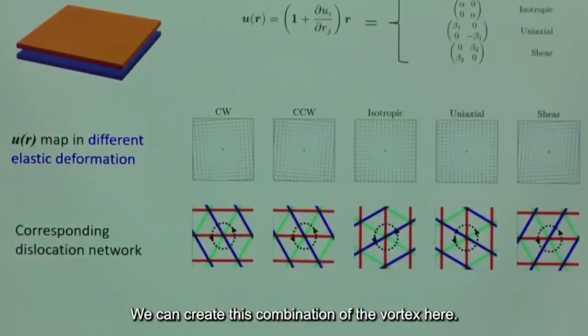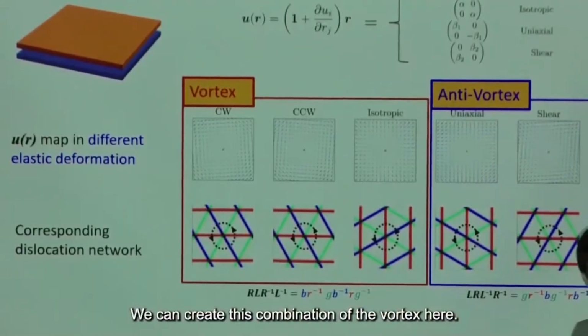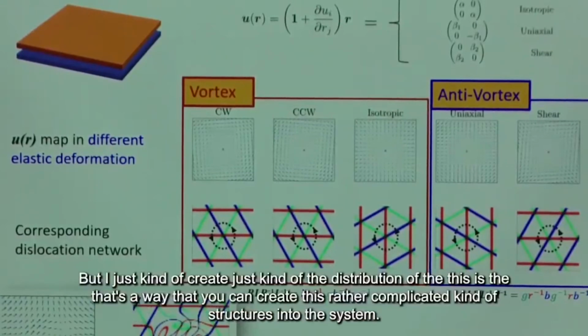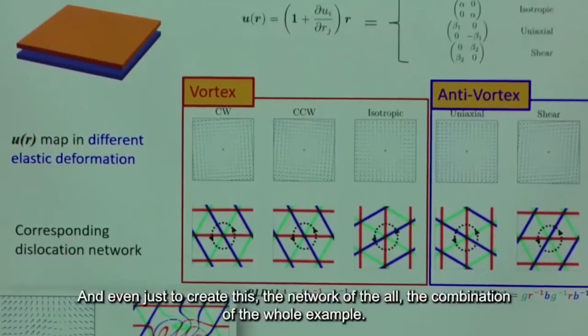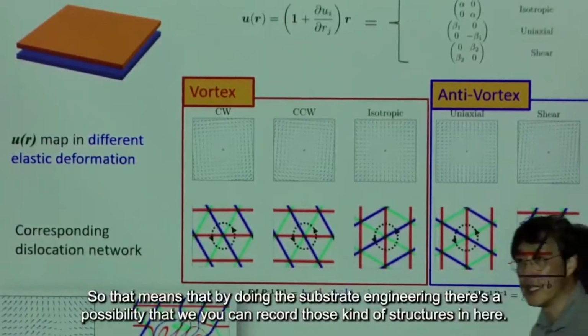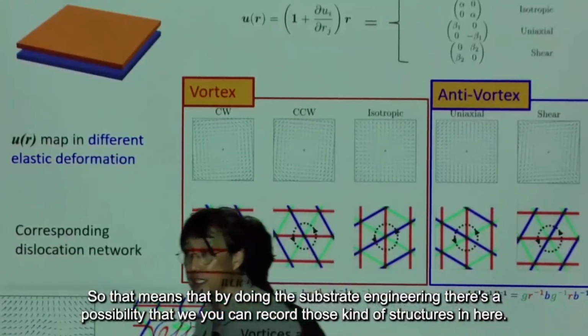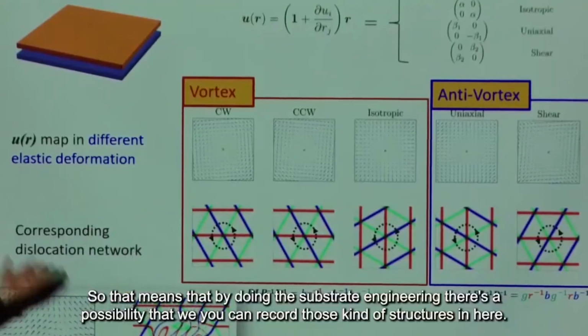Right? So at the end of the day, we can create this combination of vortex and anti-vortex array here by creating a distribution of different relative strains in the system. That's a way you can create these rather complicated structures in the system, and even this network of combined vortex and anti-vortex arrays. That means that by doing substrate engineering, there's a possibility that we can encode those kinds of structures here.